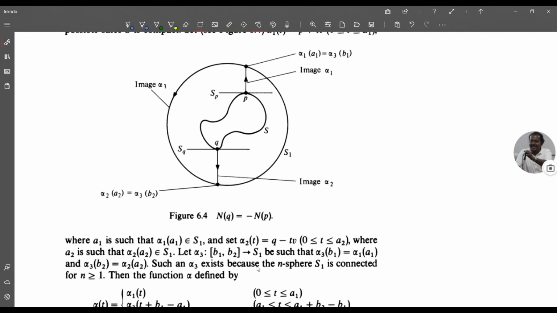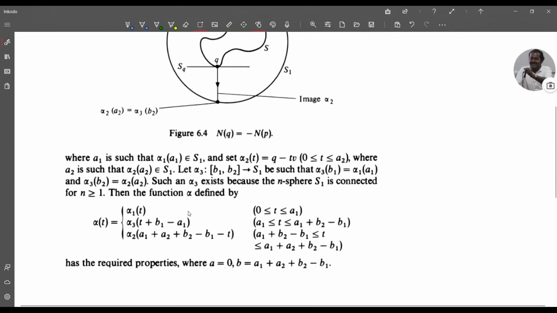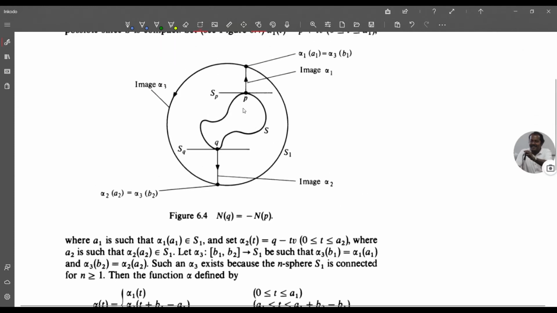Such an alpha 3 exists because S1 is connected, and these are two different points on the sphere S1. So such a construction is possible, because the n-sphere S1 is connected for n greater than or equal to 1. Then you define alpha as the path joining these.